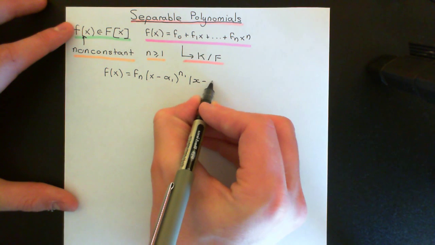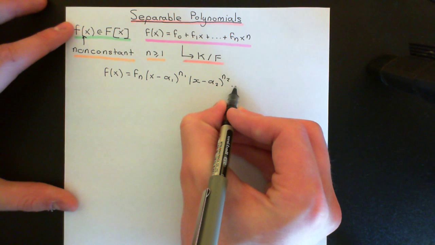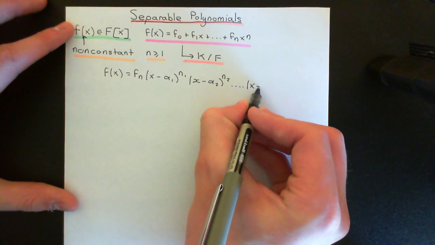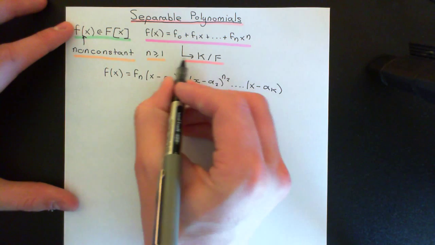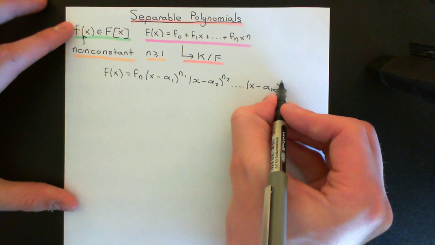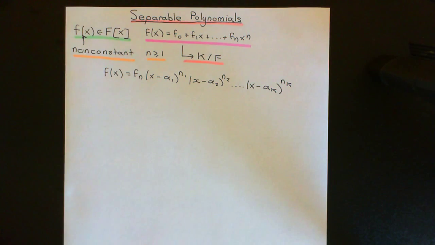Then x minus alpha 2, here's another root, to the power of its multiplicity, n2, and you continue all the way down to x minus alpha k, where k is less than or equal to n, to the power of nk, the multiplicity of this root alpha k.